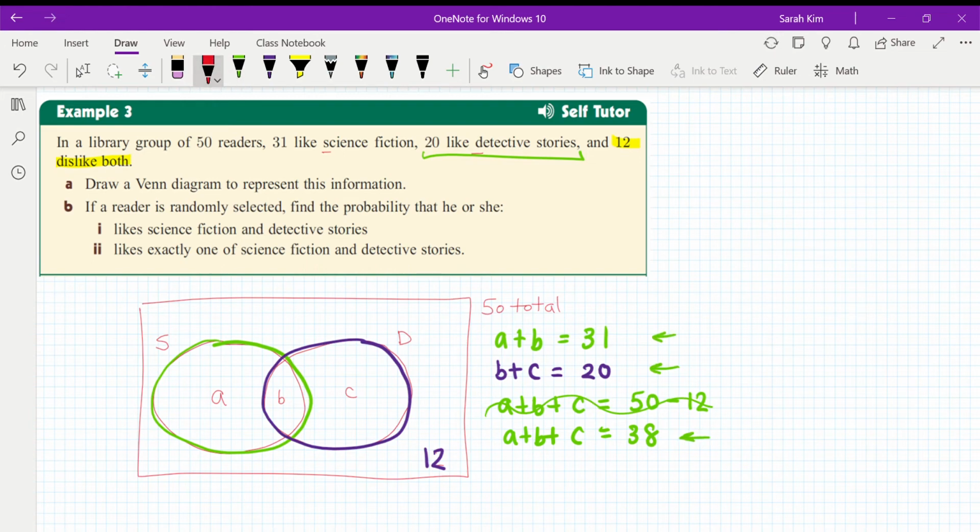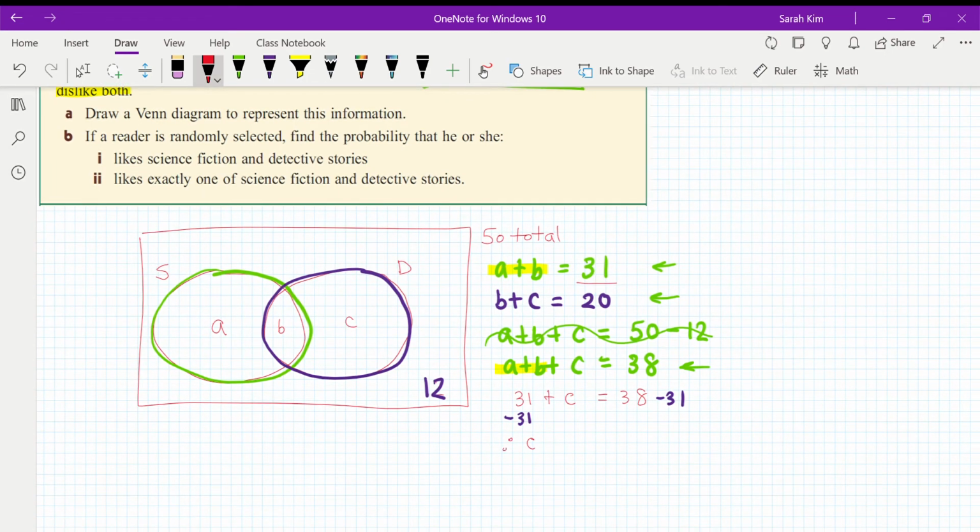A plus B is also present in this equation, so I just substitute that in as 31. So instead of A plus B, I can write 31 plus C equals 38, and then I should be able to find C. To get rid of 31, I do minus 31 to both sides.